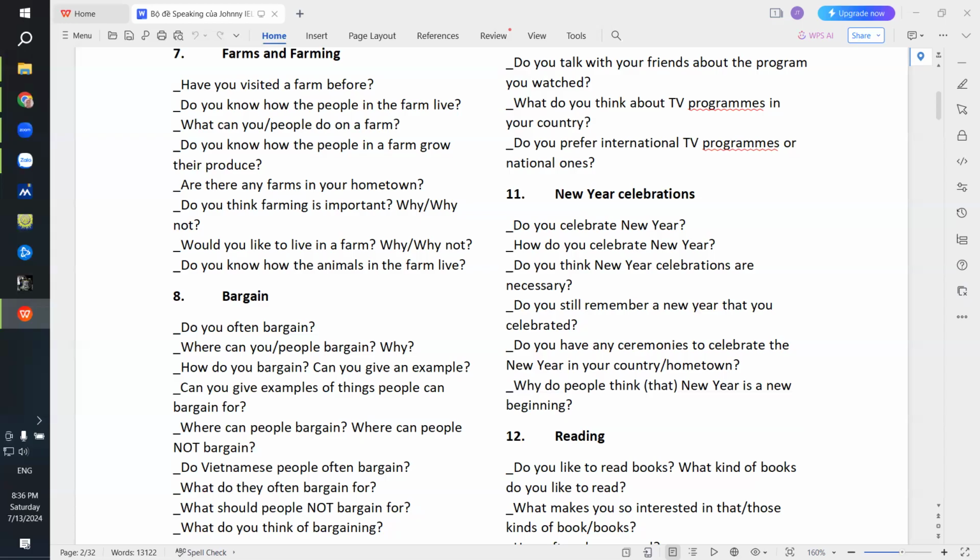Sorry to interrupt you. Okay, so Miss Trúc, do you have any ceremonies to celebrate New Year in your country or your hometown? Because according to each hometown, there may be different ceremonies. It depends on the regions.